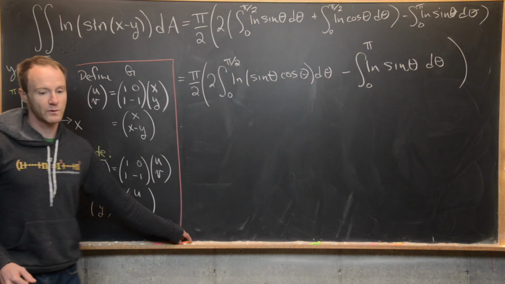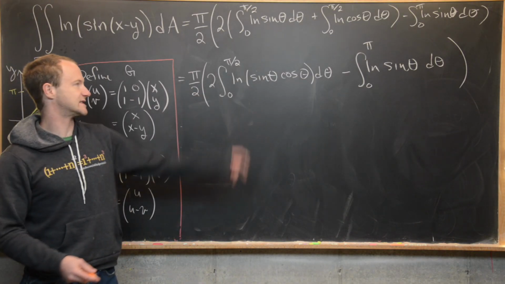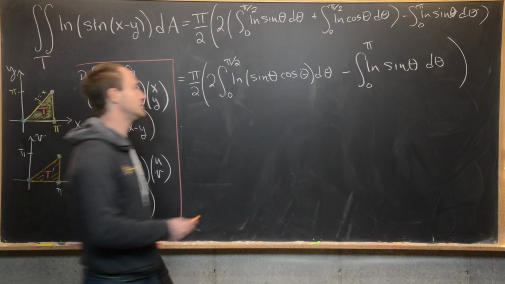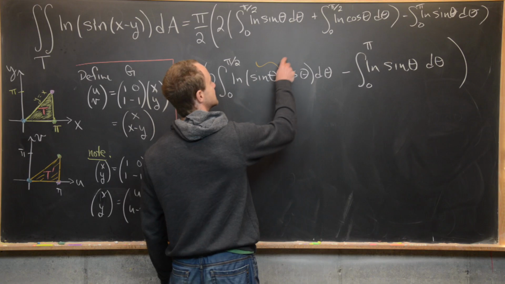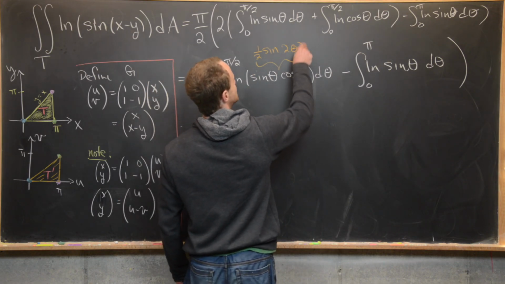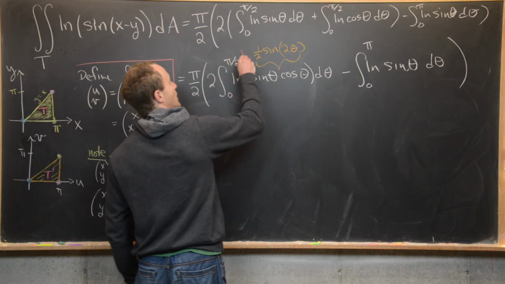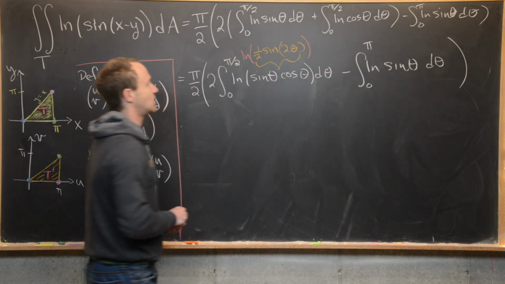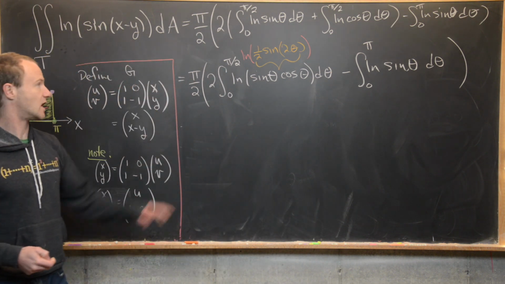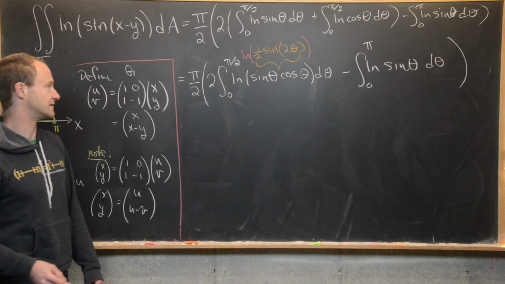Great. Now we want to use a trig identity. There's a well-known trig identity that says that sine times cosine is 1/2 times sine of 2 theta. So I can rewrite this as 1/2 times sine of 2 theta. Since we are still inside of a natural log, I can reapply my product rule for natural logs to split that up into the natural log of 1/2 plus the natural log of sine of 2 theta.